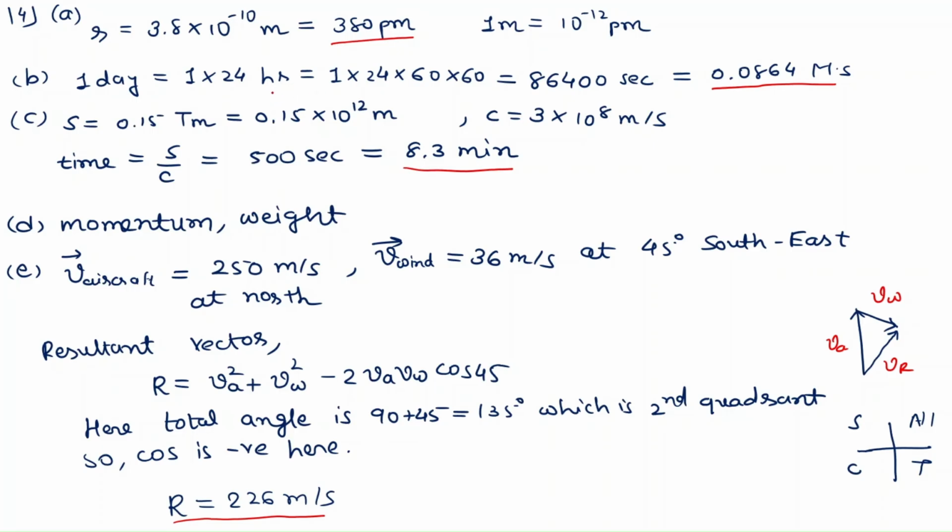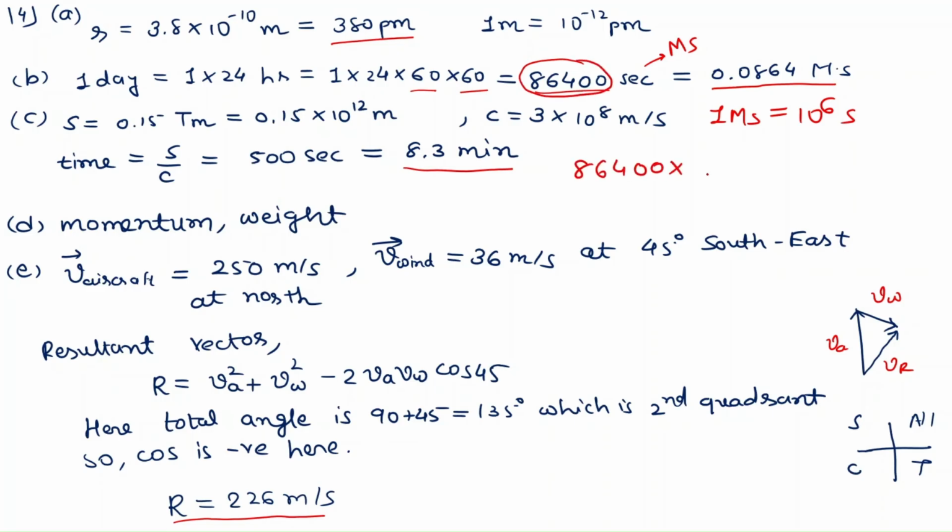And again, we have to calculate in seconds, so we multiply by 60 into 60, 60 minutes and 60 seconds. If you multiply this quantity, you will get 86400 seconds. Now, we need it in megaseconds. We all know 1 megasecond is equal to 10 to the power 6 seconds, and we have this amount of seconds.